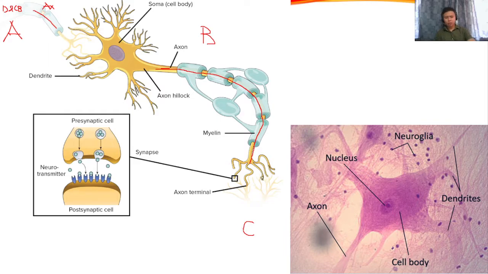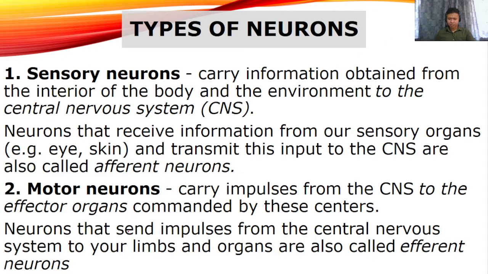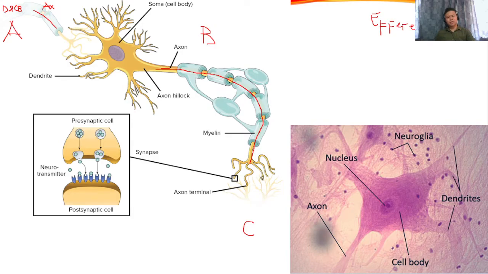travel through the efferent neuron. These are usually found in our reacting organs. Efferent neurons allow us to act or to react in a certain event.